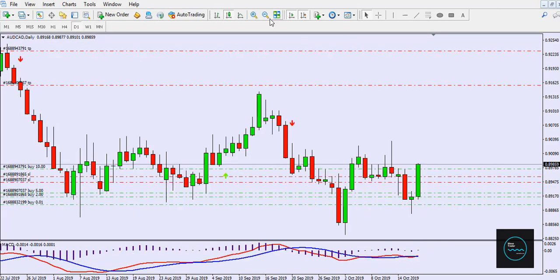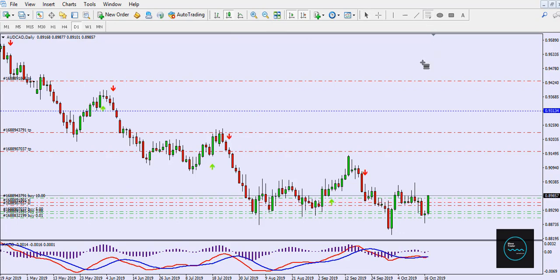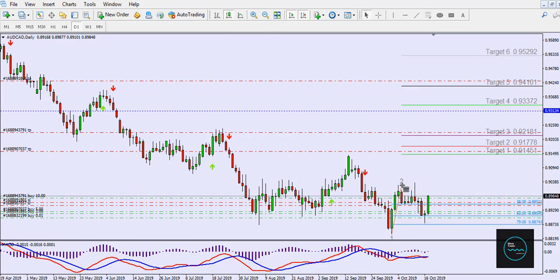So now on the daily chart, if I were to take my price targets again, we can use the retracement levels and also the price target to have an idea how far. Now I've placed my price target here.